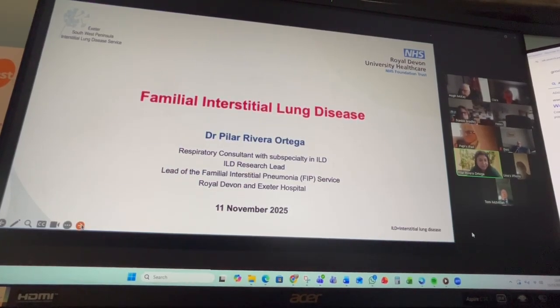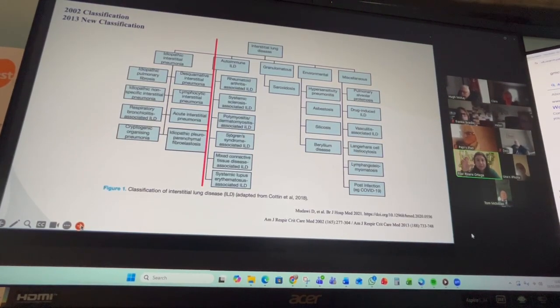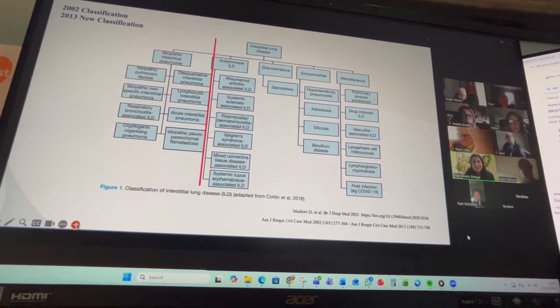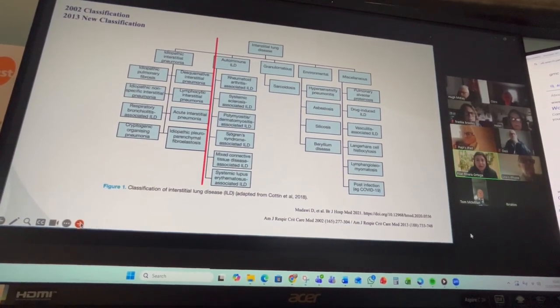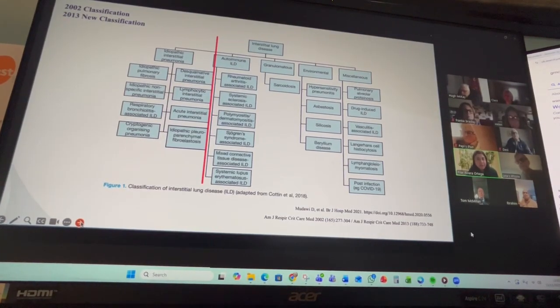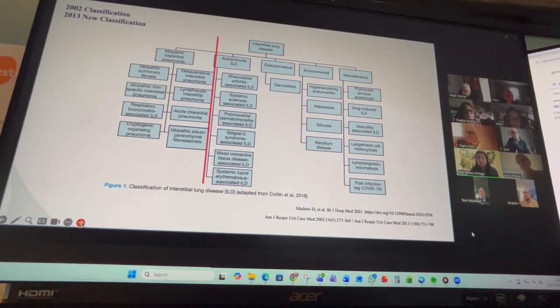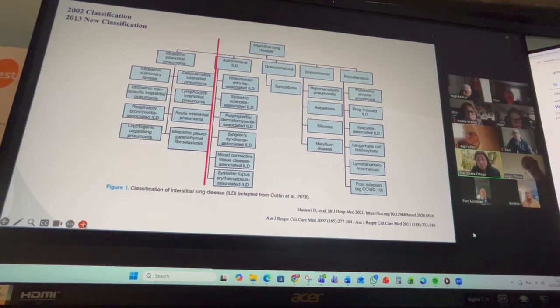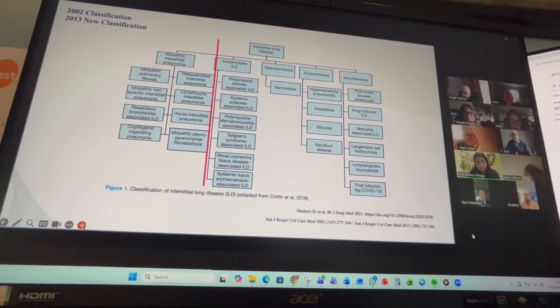The next slide, you will see this figure, is about the classification of ILD. Although we have a new classification of all the interstitial lung diseases, you know that this is a big group of almost 200 diseases.